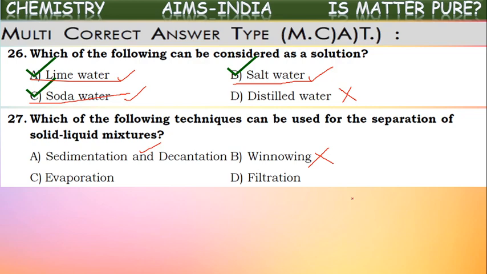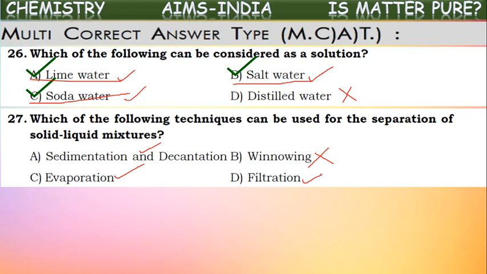So in the evaporation process, a solid liquid mixture is separated. It is also one of the techniques used for separation of solid liquid mixtures. Next, filtration. Where is this filtration used? In the filtration process also, we separate insoluble solid substance from a liquid. So here also a solid liquid mixture is separated.